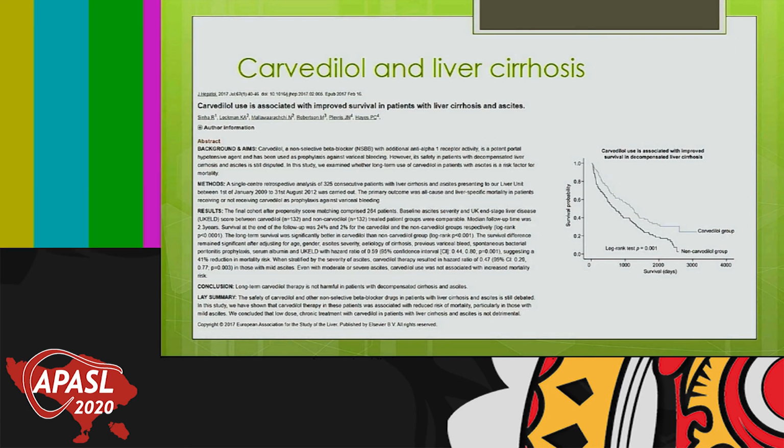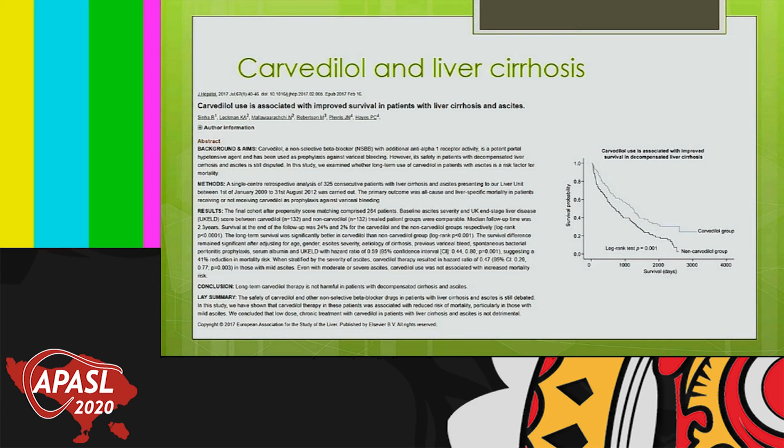It's got an alpha-1 effect as well, more effective than propranolol, certainly in reducing portal pressure. And what we found in this study of 264 patients with cirrhosis and ascites was that they used a very low treatment dose of 12.5 milligrams. So that's a dose that can reduce portal pressure, and here's a very important point, does not alter the mean arterial pressure. So really important point, and I'm going to come back to this.